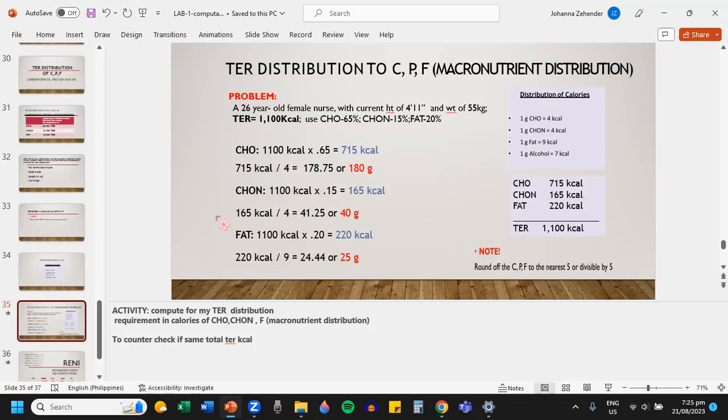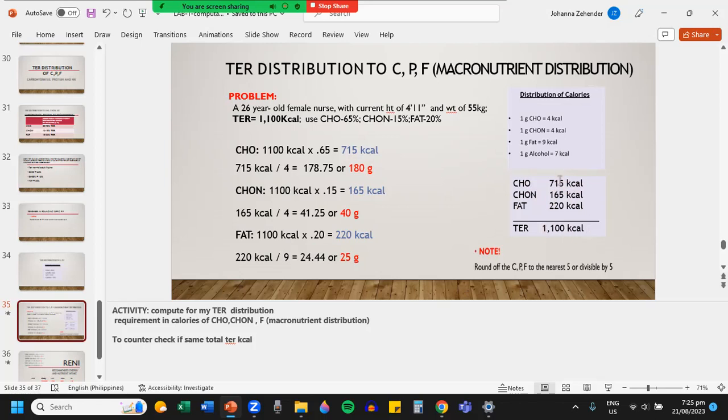Lastly, for fat, same process. 1,100 kilocalories times 0.20 is 220 kilocalories, and 220 kilocalories will be divided by 9. You will arrive at an answer of 24.44, or 25 grams. For you to double check, the amounts in kilocalories for carbohydrates, proteins, and fats, when added, should arrive at the total TER.